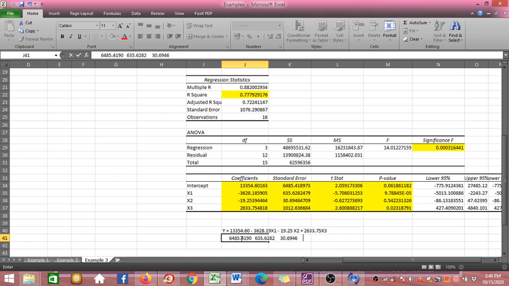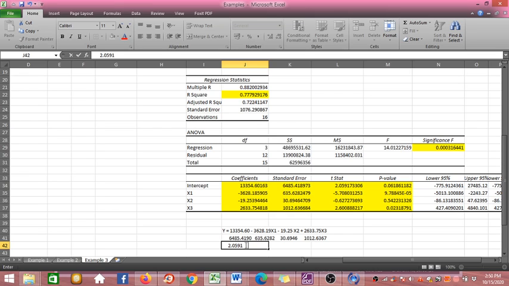And then for x3, 101.6367. Okay, so let's check: 635.6282, 30.6946, and then 101.6367.